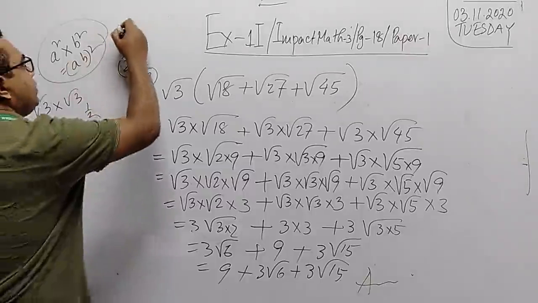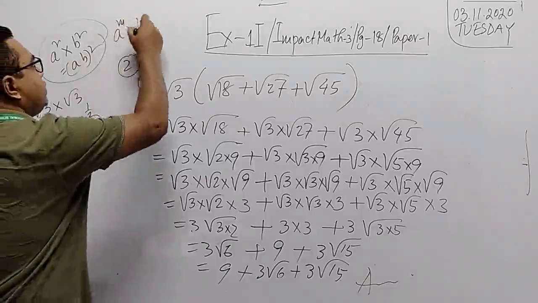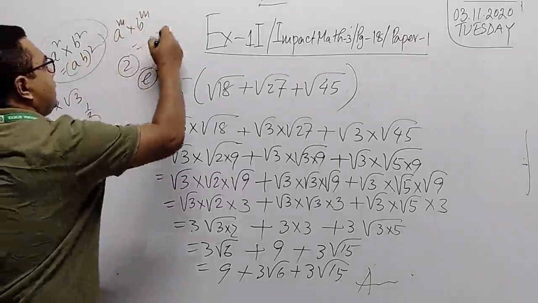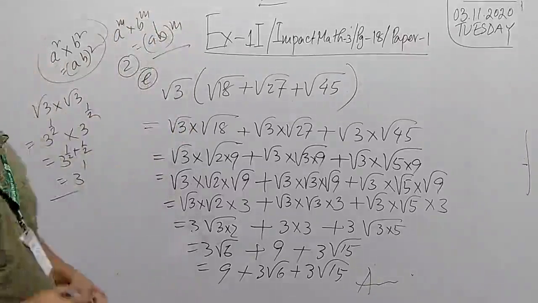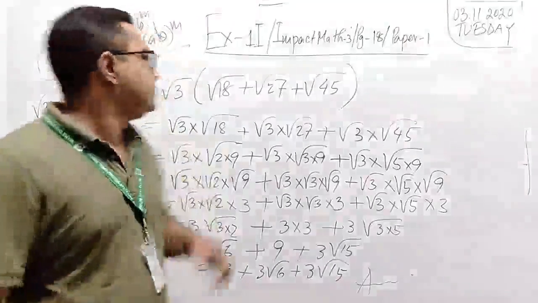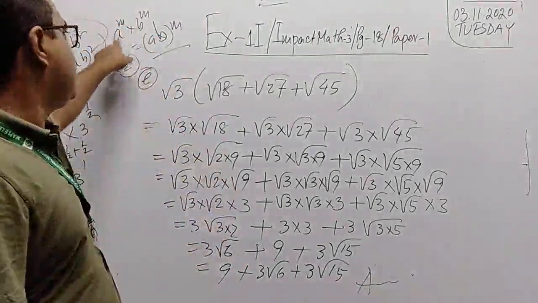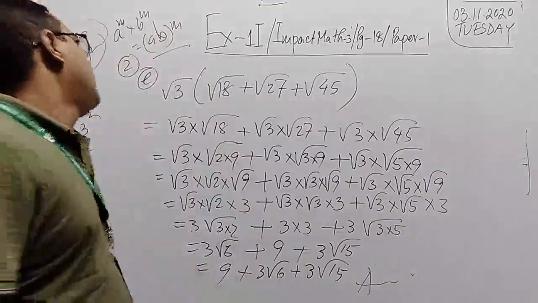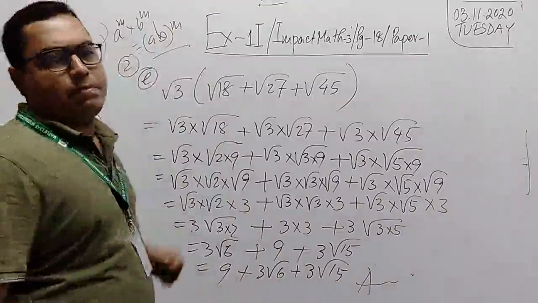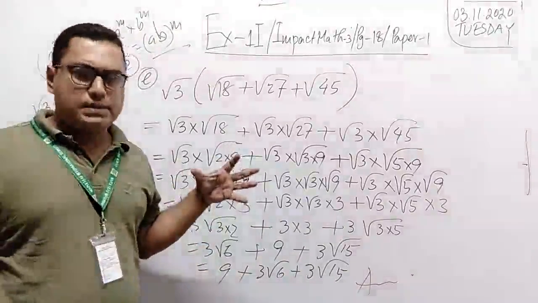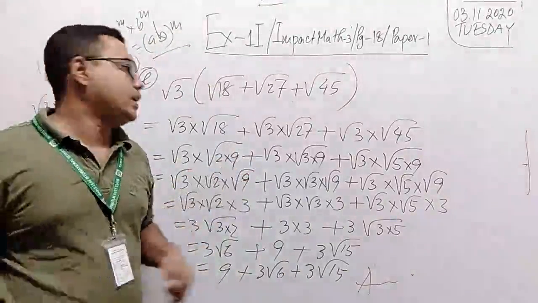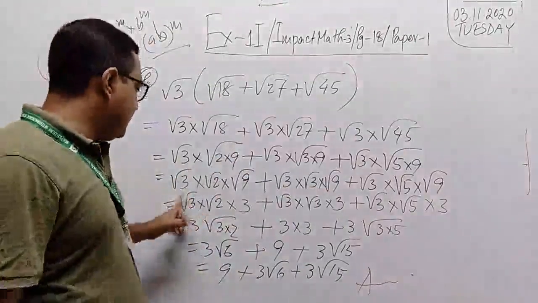That means the theory was a to the power n into b to the power n, then ab whole to the power n. Here n is the index and a is the base. And if the bases are different but the index is the same, then we can mix them. That is the theory we are applying here.